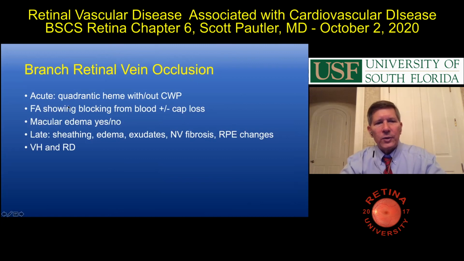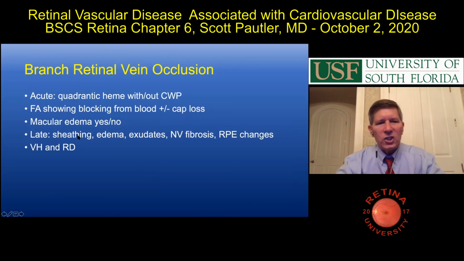You're familiar with the acute quadrantic hemorrhages that you see in vein occlusion. You may or may not have cotton wool patches. You're looking on the fluorescein for capillary dropout, which could increase the risk of complications of neovascularization. You may or may not have macular edema that would require treatment. And then in the late phases, you'll have no hemorrhages. You may have sheathing of the vessels.